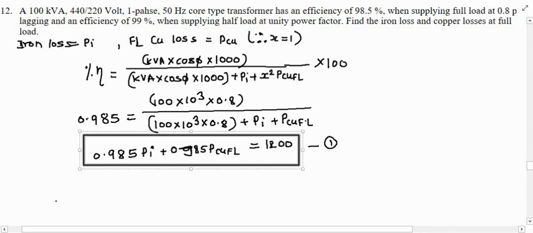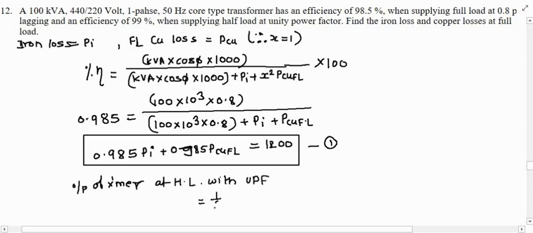So I can write the output of the transformer at half load with unity power factor, UPF. Okay, so that will be equal to 1/2 into 100, which is the kVA at half load, multiplied by 1, kVA into power factor. So it will be 50 kilowatt.